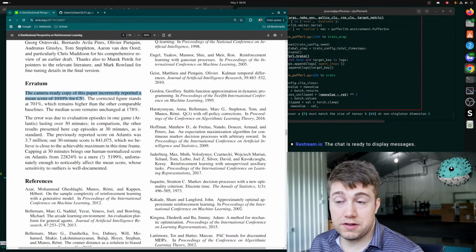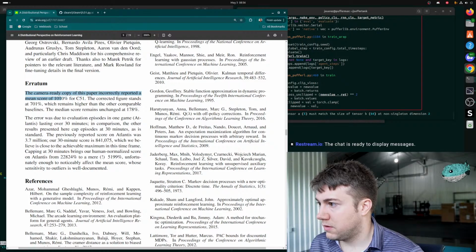That's crazy. This was accepted with a way higher mean score. But their median was correct.